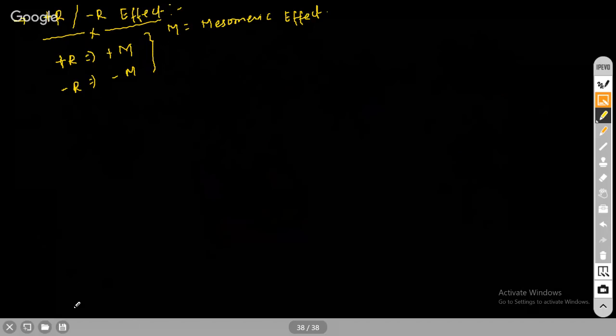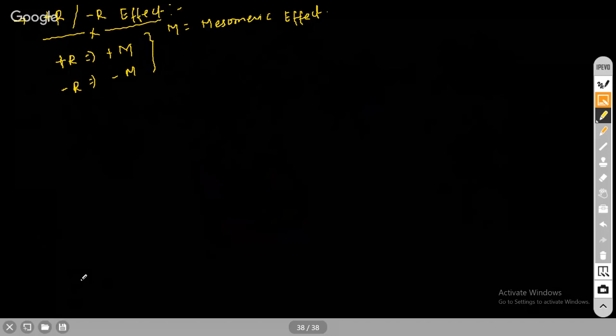First of all, yesterday in class we discussed the I effect. I will discuss this I effect in detail later on also. But I effect, as I told you yesterday, involves only sigma electrons, right? The difference in R effect, or mesomeric effect, is that here we have pi electrons involved.